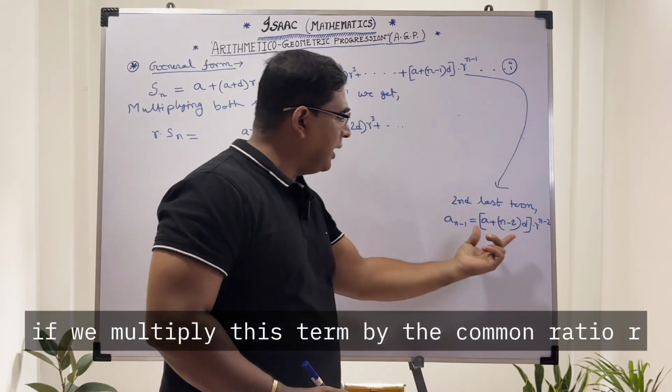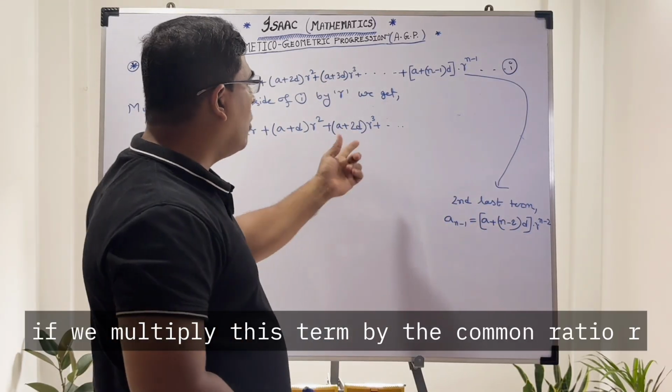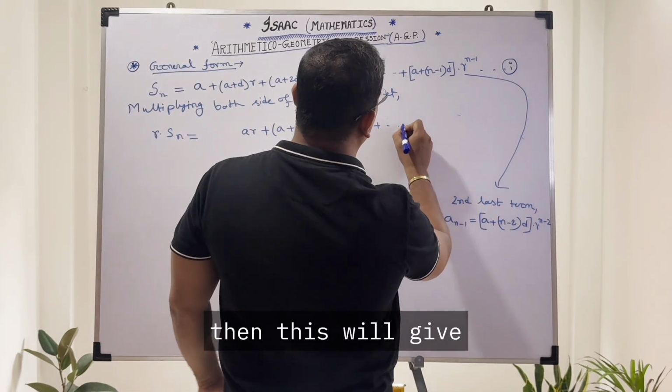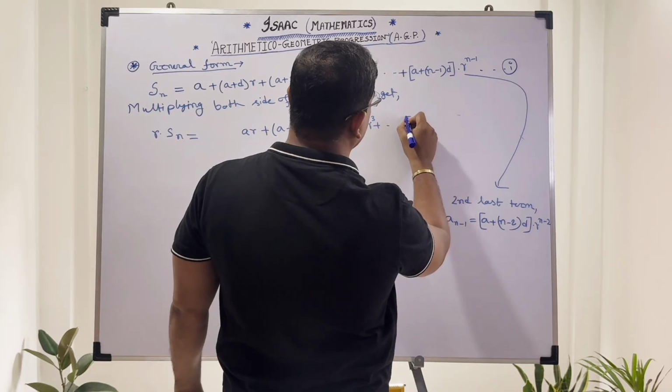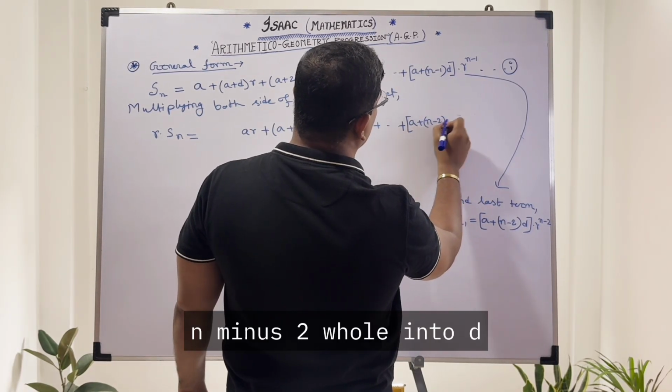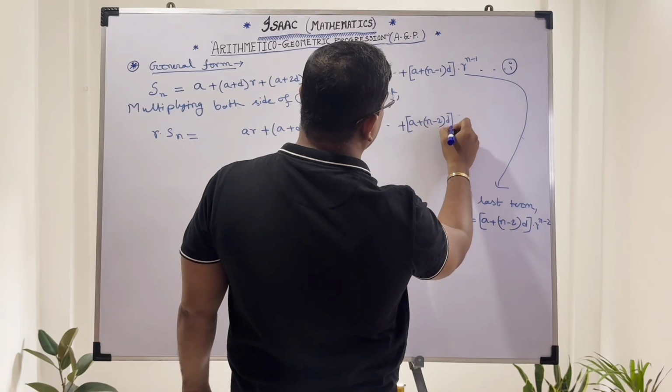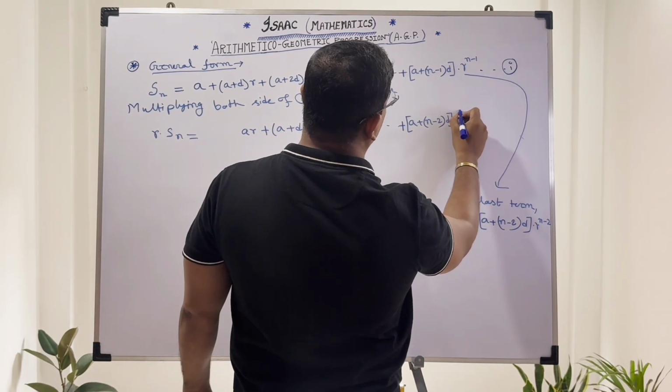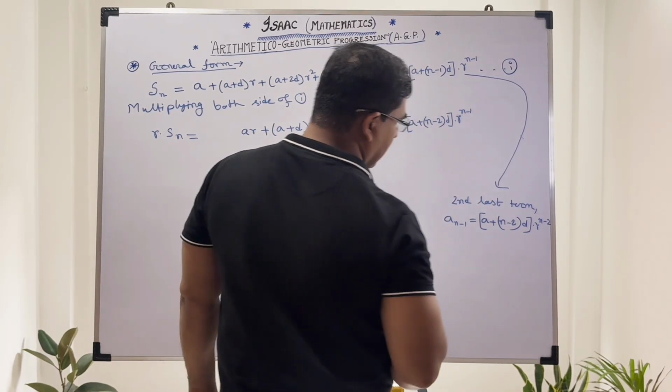Now if we multiply this term by the common ratio R, this will give A plus n minus 2 whole into D into R to the power n minus 1.